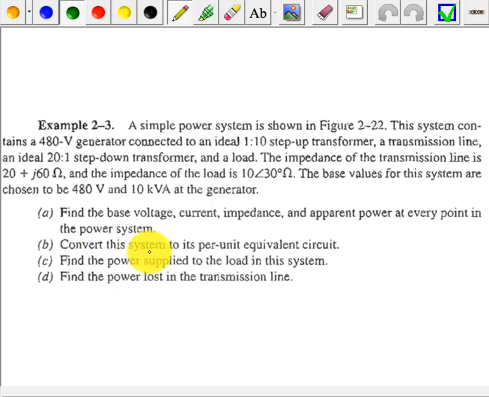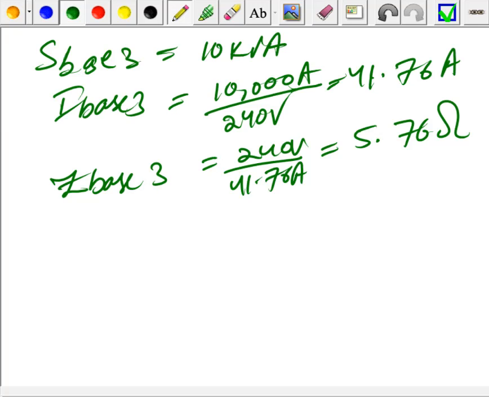Now let's look at the second part. Convert this system to its per unit equivalent circuit. So now we have to convert all these values to the per unit system. So B part, in which we need to convert every unit into the per unit system.